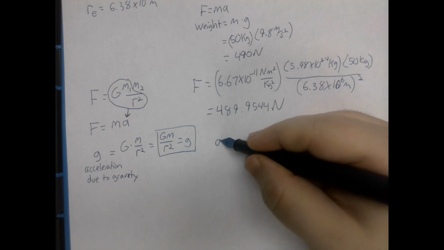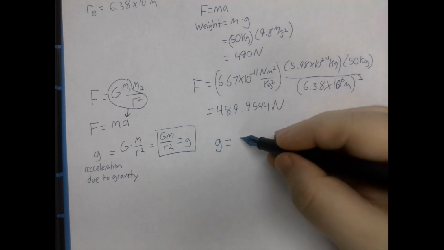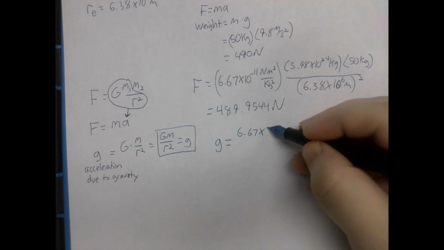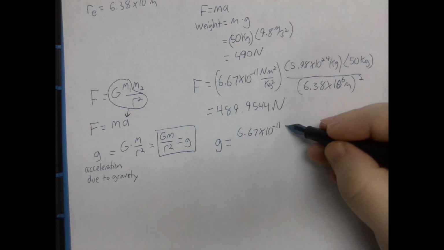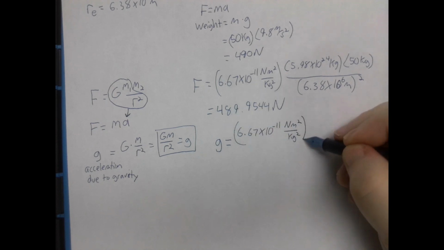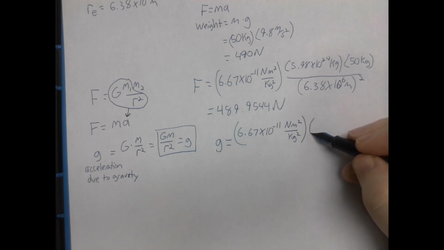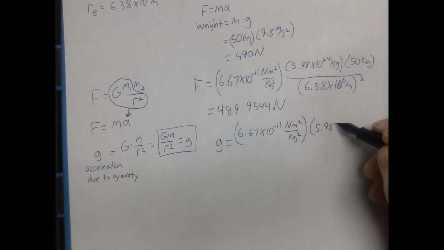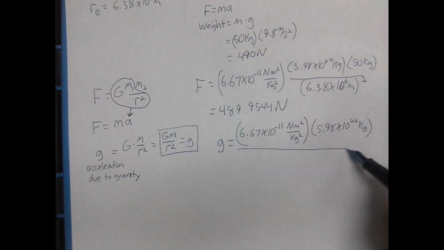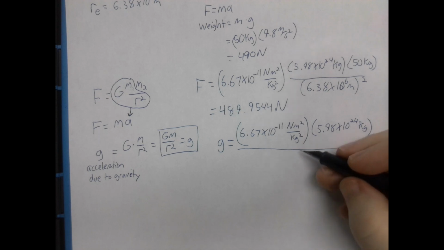So gravity on Earth would be equal to 6.67 times 10 to the negative 11 newton meter squared per kilogram squared. Mass of the Earth is 5.98 times 10 to the 24 kilograms, divided by radius squared.